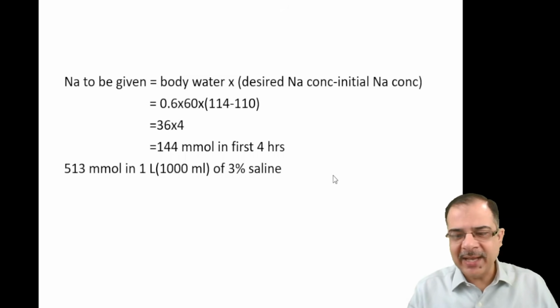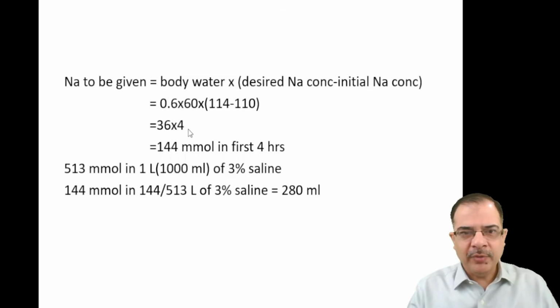We will calculate in how many ml of 3% saline 144 millimoles of sodium will be present: 144 divided by 513, which comes out to be 280 ml.